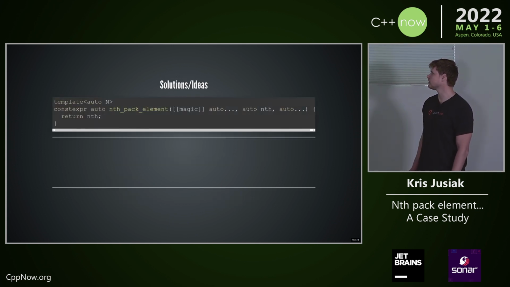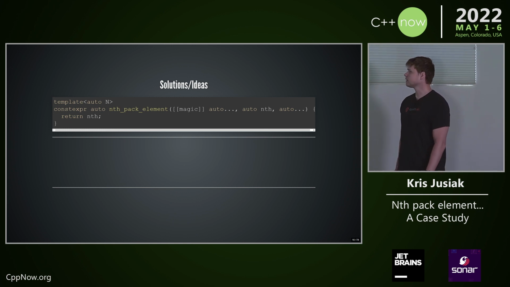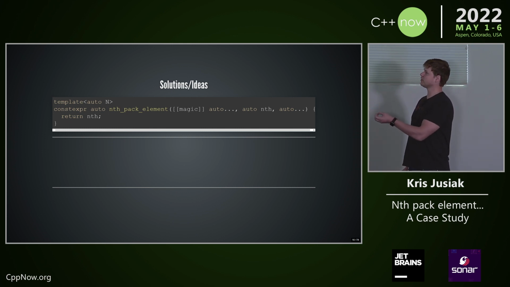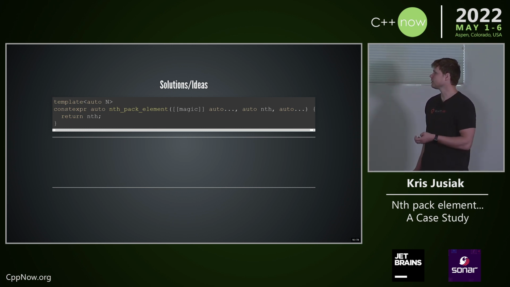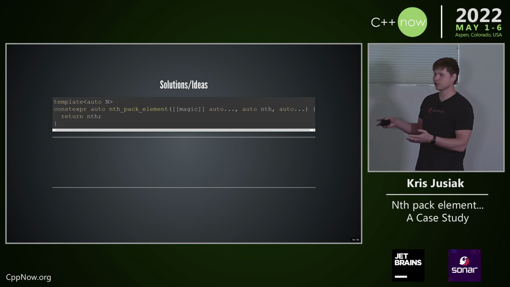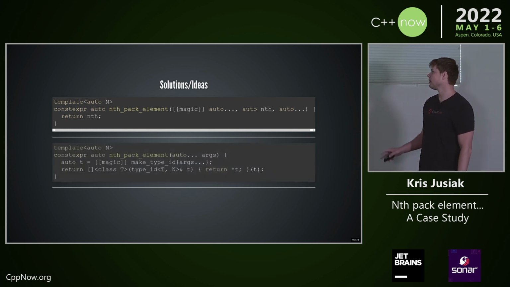So, solutions. Usually I put the ideas in three buckets. One is to do some magic with the function so that we get the elements before the nth, then the nth, and then the rest. The magic is something we'll explore here, and there are a lot of ways of doing that.